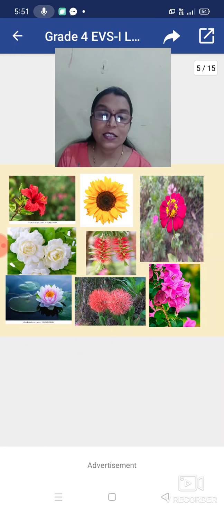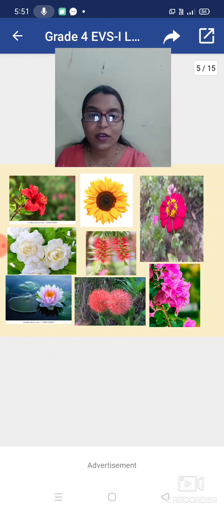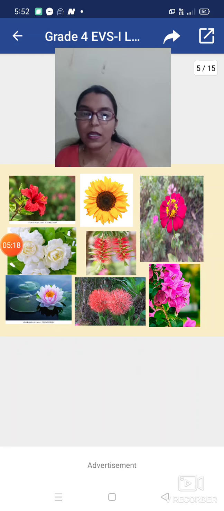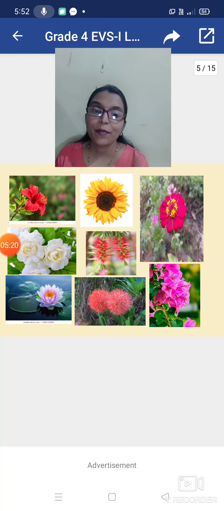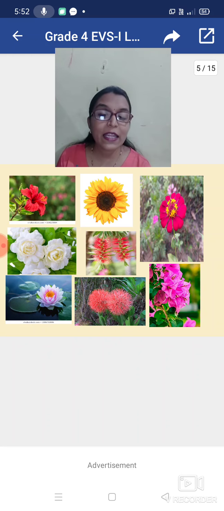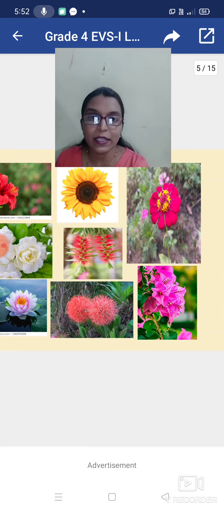Some of you have already seen all that. Then the next one is bottle bush, because that red structure is bush-like. So that's why it is called bottle bush. Next one, you can see in water, which flower is there? It is lotus. And next is thunder lily. And the last picture is bougainvillea.